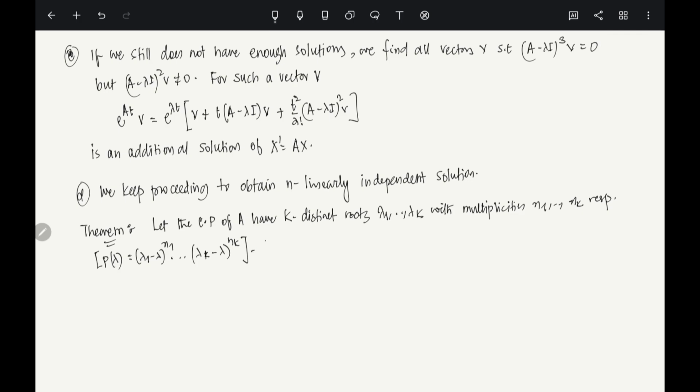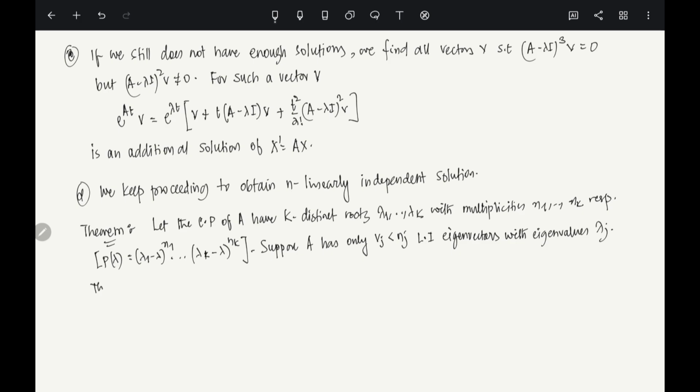Now suppose A has only vj, which is less than nj, linearly independent eigenvectors with eigenvalue lambda j. This is our assumption.